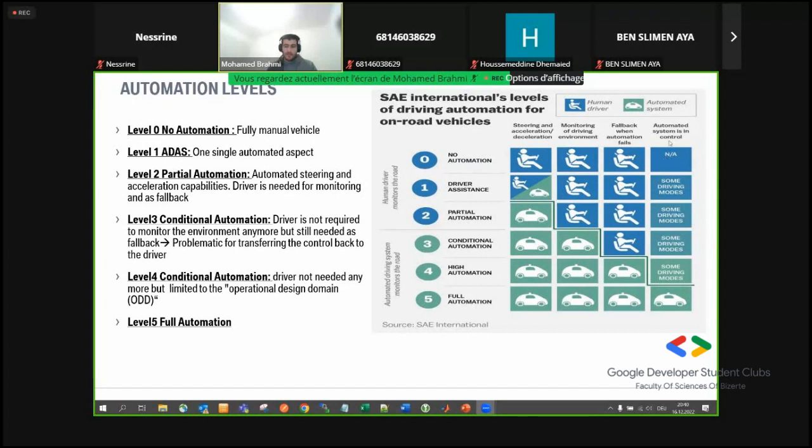There is here a fifth aspect which we did not talk about, which is that the automated system is in control. It comes together with this new term, the operational design domain. Operational design domain means that the same car can be working in L3 mode in certain conditions, but in other conditions only working in L2 mode.